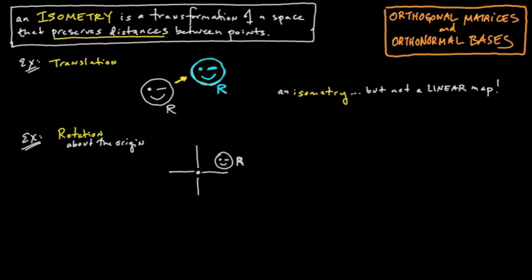If we begin with some stuff in R2, again, my smiley face and the letter R, and we rotate everything through some fixed angle about the origin, then the positions of individual points change, but the positions of points relative to one another do not change. Any distance we look at on our original picture is going to be preserved on our rotated image.